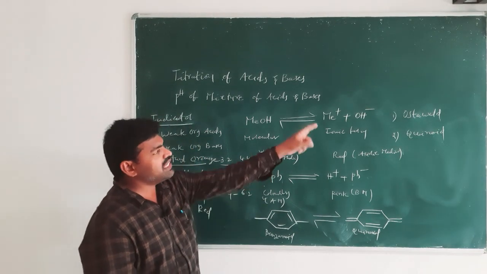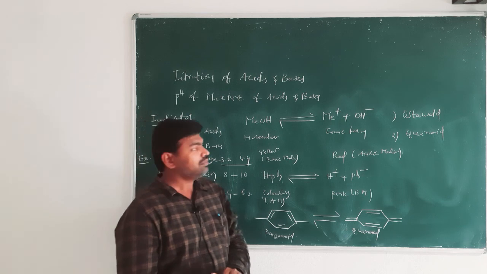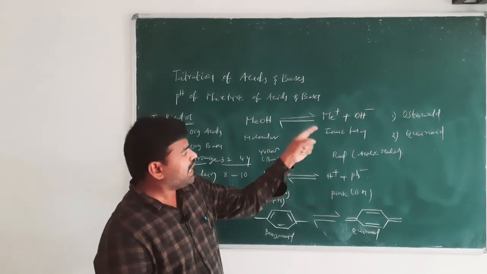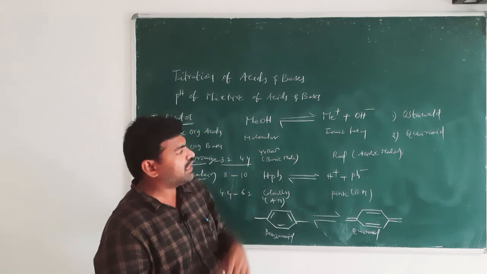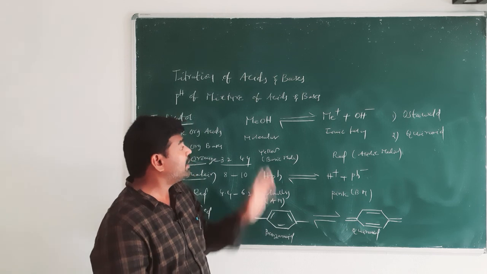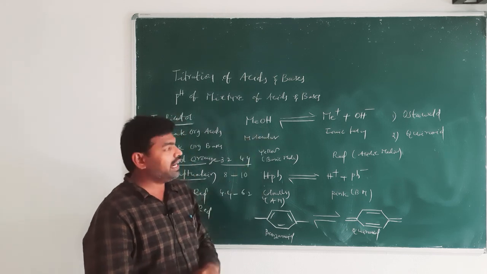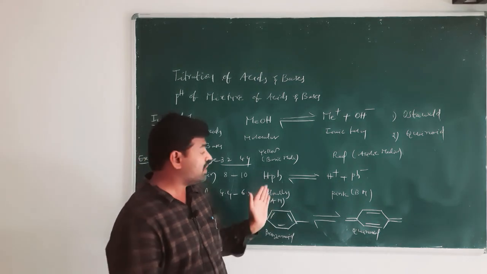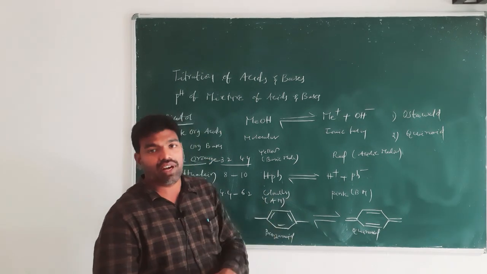Okay, so these are the two theories that explain the action of indicators. Indicator action is explained by Ostwald theory by considering the molecular and ionic forms, and quinonoid theory explains the indicator action based on the benzenoid and quinonoid forms.